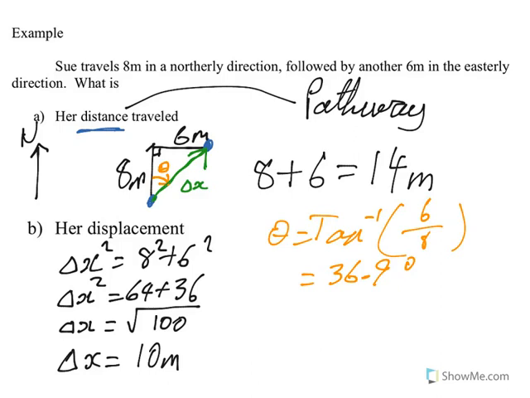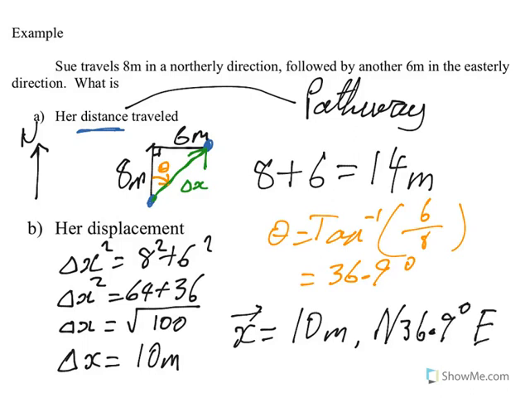Alright, so her displacement vector is 10 metres, and the direction is north 36.9 degrees towards the east. Alright, so distance, displacement, two different things.